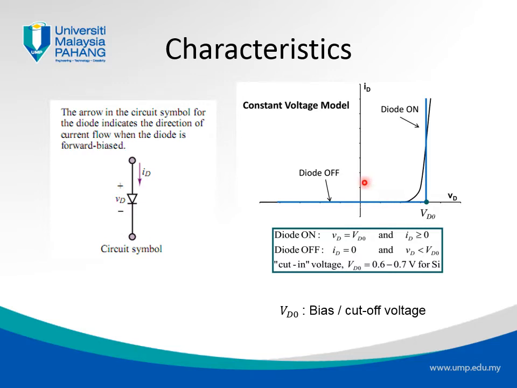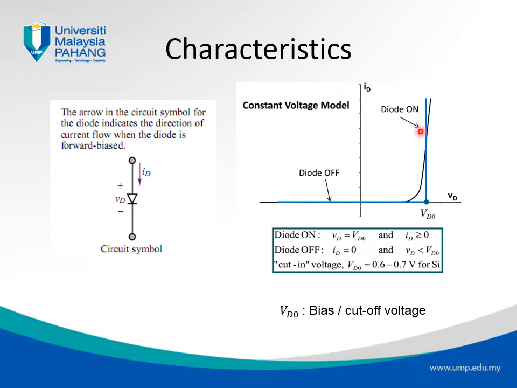So basically there will be no current circulating in the diode unless it achieves this VD0, right? This VD0 is just a model representing the real behavior. The real behavior is basically that it will increase gradually. So in the middle here would be basically the bias voltage of either 0.7 or 0.3 depending on the semiconductor, right?